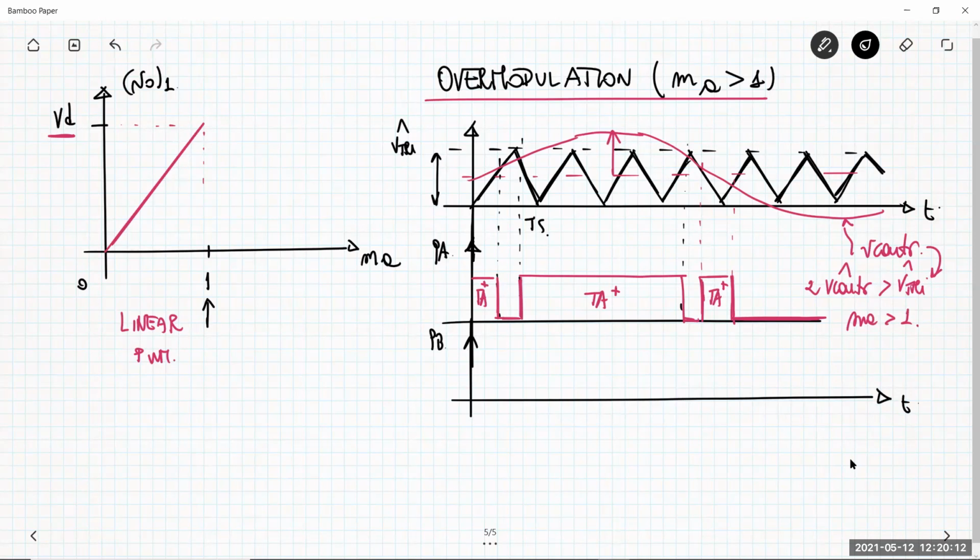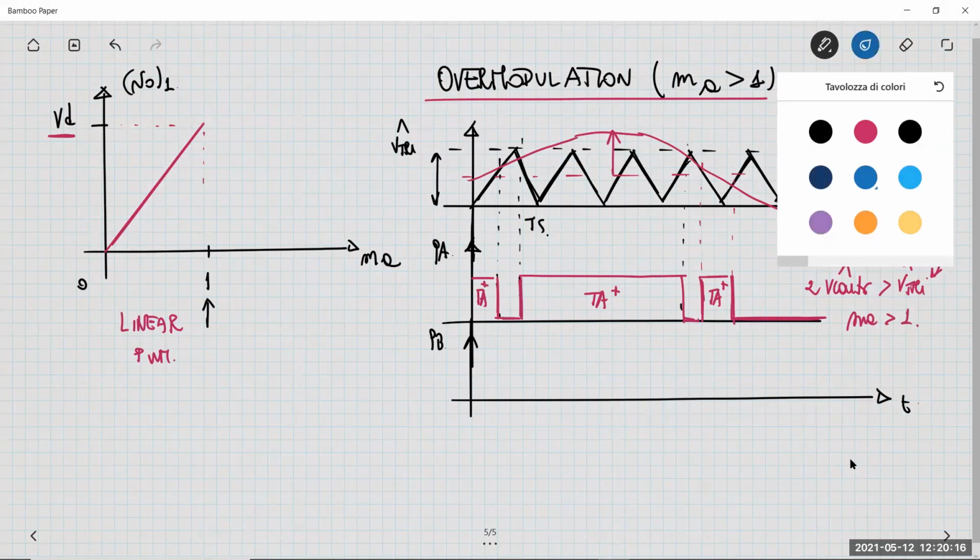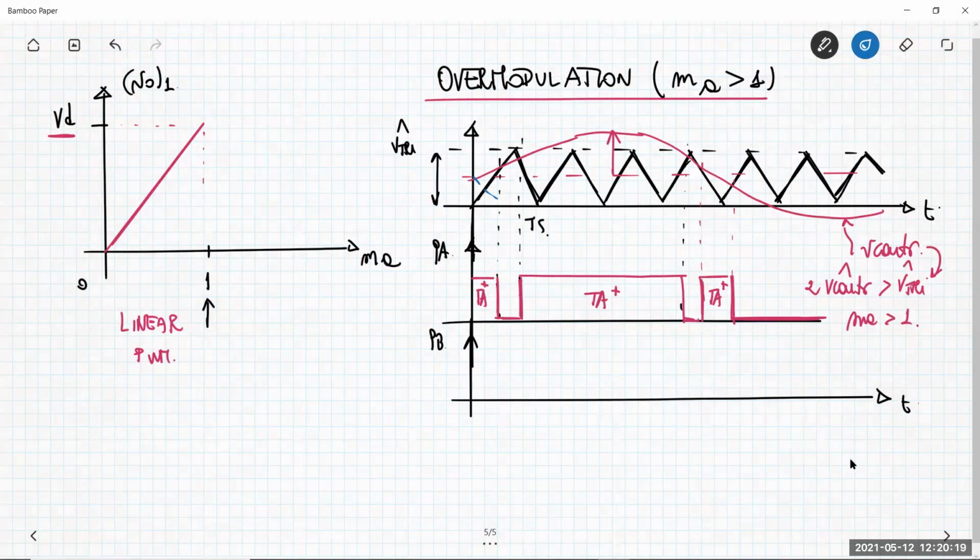What you get is exactly the symmetrical waveform with respect to the mean value here, the triangular peak divided by 2. Something like this, okay?